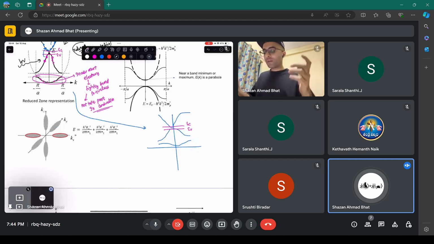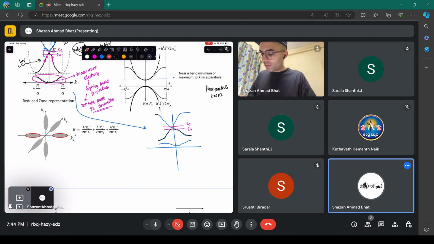We are obsessed with modeling it with simple systems. We knew that for a free particle, E was proportional to k square. But here it's not exactly k square, because at the edges the parabola is stretching and the curvature is changing. So you cannot model it directly as k square.